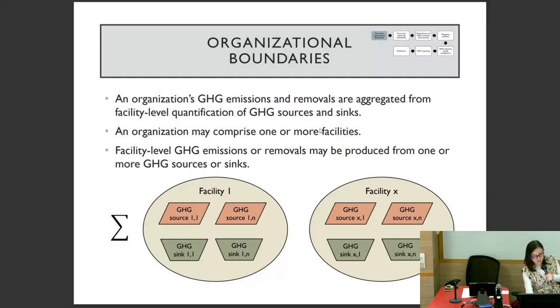The facility level greenhouse gas emissions or removals may be produced by one or more greenhouse gas sources and sinks. So for each facility, there could be more than one greenhouse gas source and more than one greenhouse gas sink. So the first step is to identify which facilities are to be included in the organizational boundary.